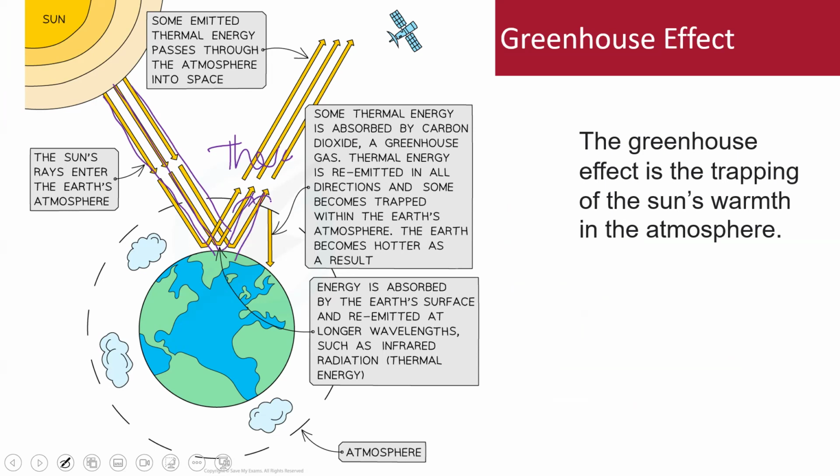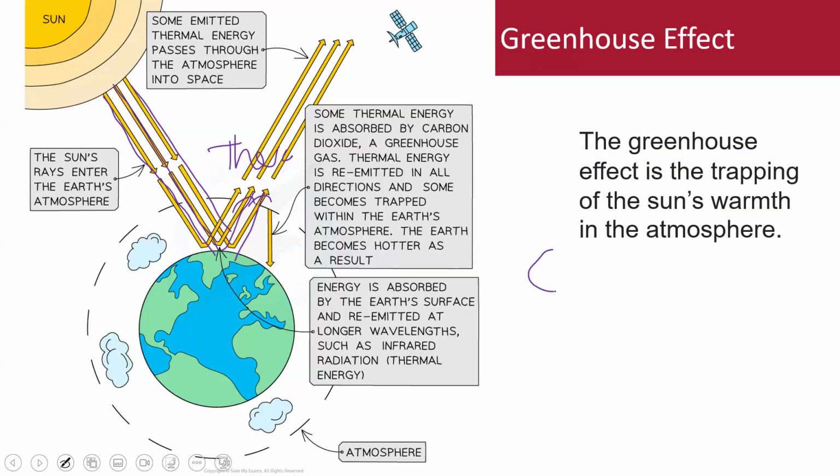So sun's rays come in, they heat up the Earth, then you've got thermal energy. That thermal energy then tries to rise up. For about the last 10,000, 50,000, 100,000 years, it's been kind of status quo where it's all been the same.